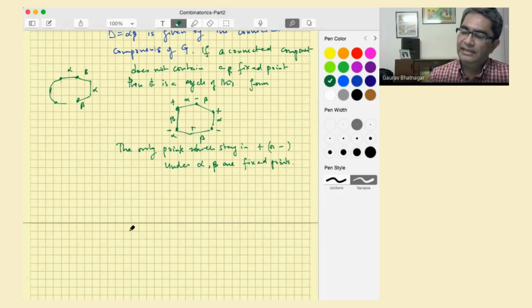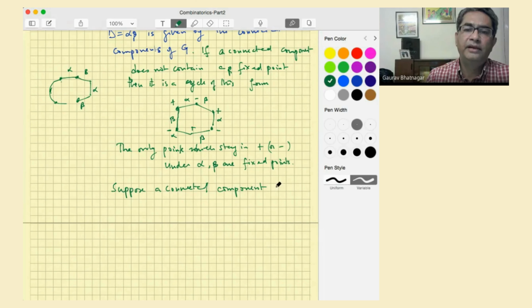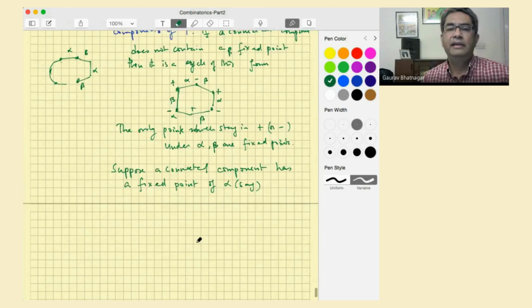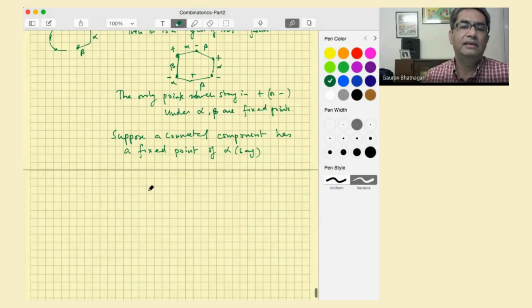And otherwise, suppose a connected component has a fixed point of, say, alpha, right? Then it has to look like this.